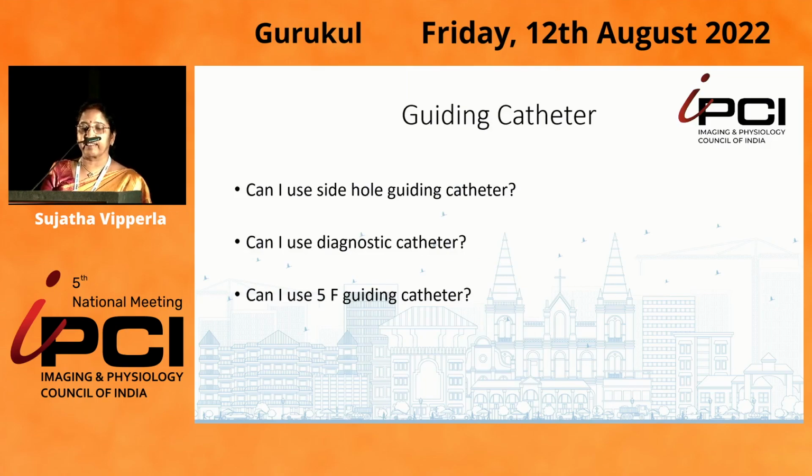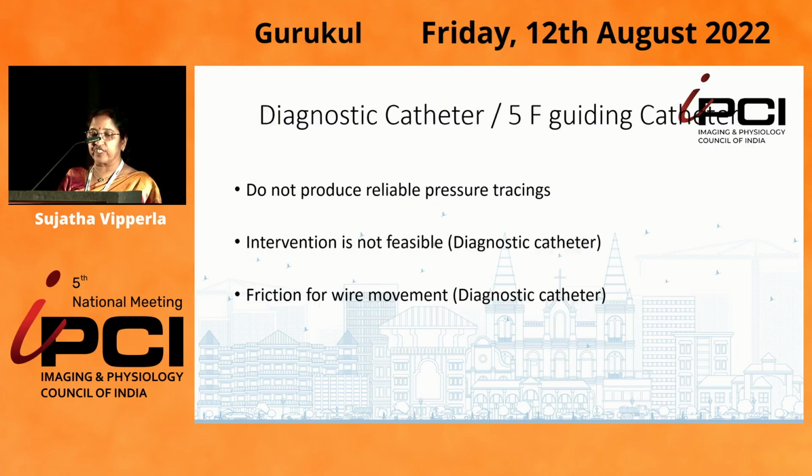Guide catheter issues. Always think whether you can use a guide, a side hole guide, a diagnostic, or a 5 French. You have to remember that these do not produce reliable pressure tracings, and there is always friction for the wire movement whenever there is a diagnostic catheter inside.